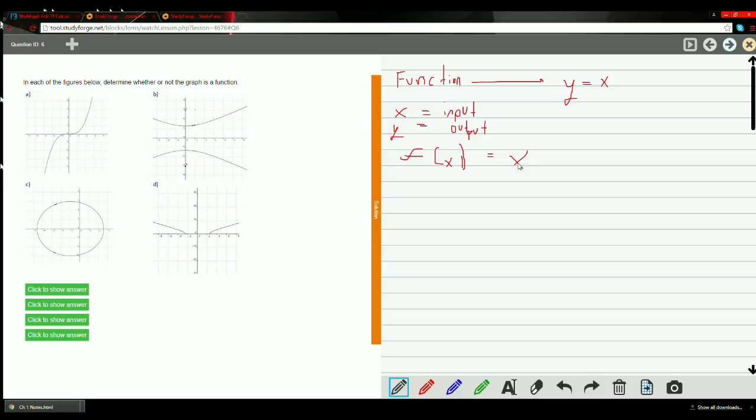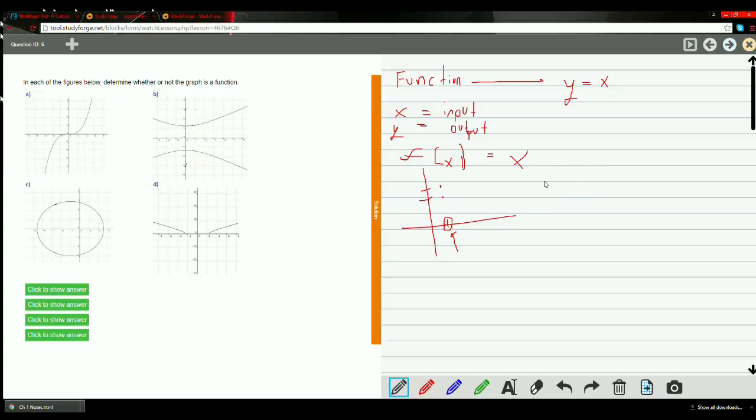What you define as a function or not a function is whether one value of x has one or more values of y. If it has two outputs for the same input, then it's not a function.